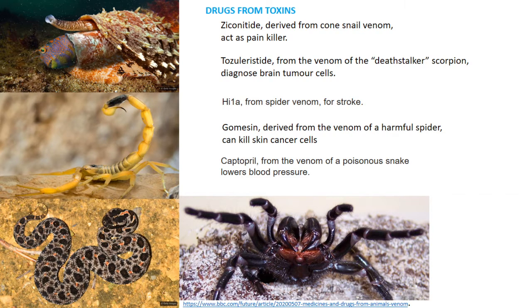And the next chemical being tosulfuride. This is obtained from scorpions, and it has been found to have benefits, that is, it helps to prevent brain damage, and it helps to diagnose brain tumor cells, from which we are able to treat brain tumor.